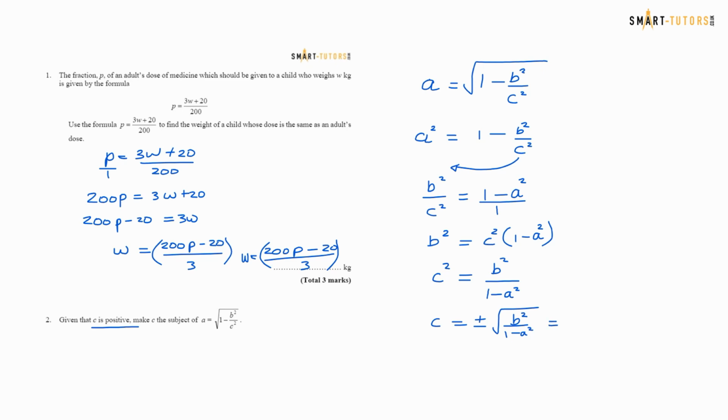In the question they have given that C is positive, so we don't need to consider the negative. So the square root of B squared is B over the square root of 1 minus A squared. So C equals B over the square root of 1 minus A squared. That is the final answer for question number 2.